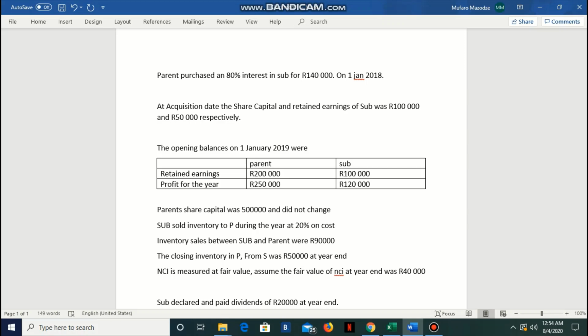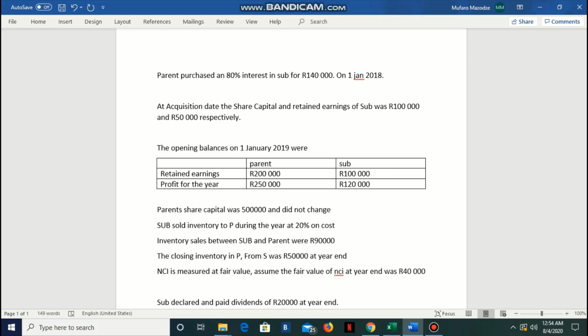Sometimes I find that I've forgotten how you do the consolidated statement of changes in equity, the consolidated statement of comprehensive income, as well as the consolidated statement of financial position. Wow, it's quite a mouthful.